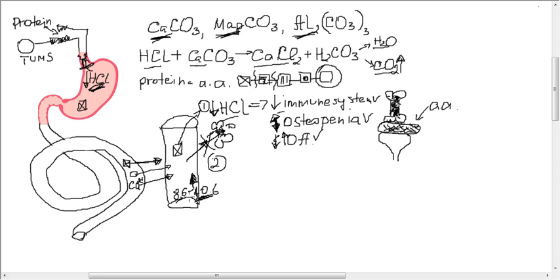Where will it go? It actually will go into the kidney. Here is the kidney, and here is the calcium, and it will go out into the urine. As calcium goes into the kidney, some patients are unlucky.